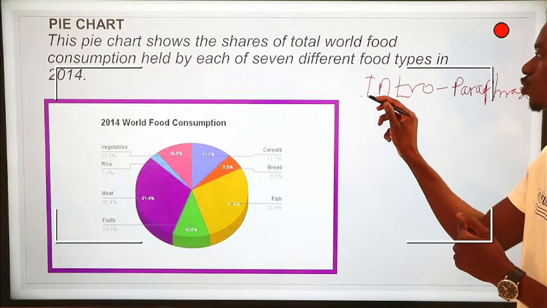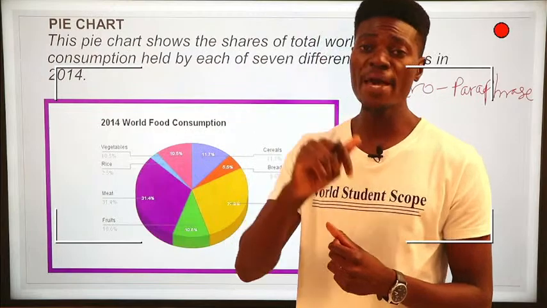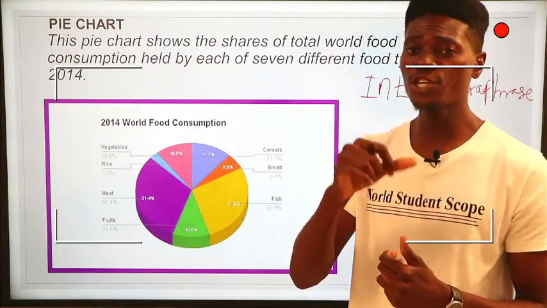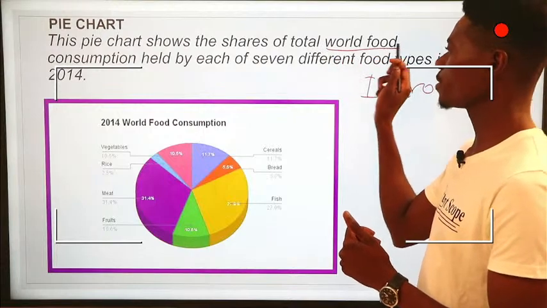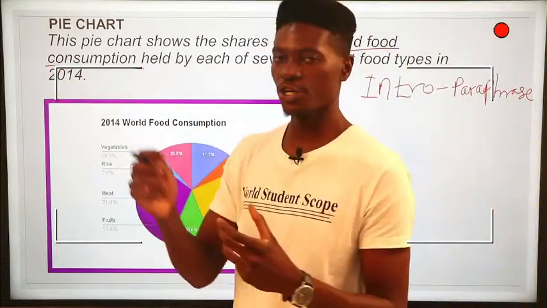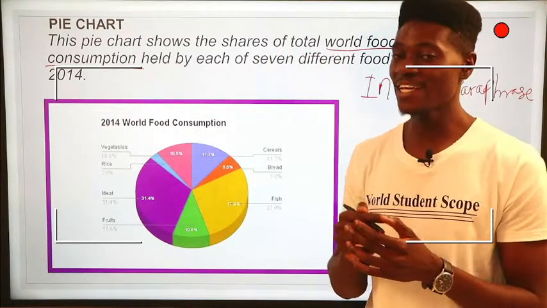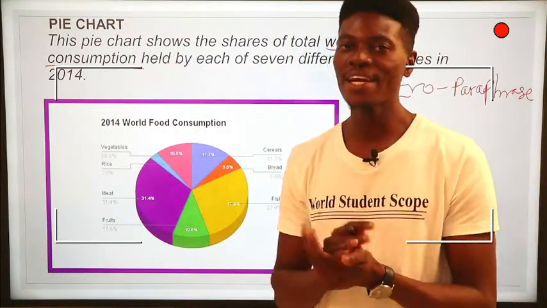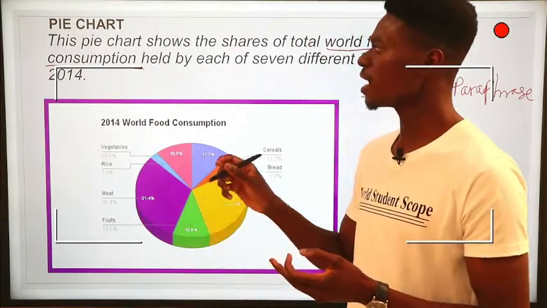Paraphrase in introduction. So in our introduction, we have first to look at the main key or the main features. For example, in this one, we can find world food consumption. Instead of consumption, we can write uses, we can write utilized, or we can write spent.